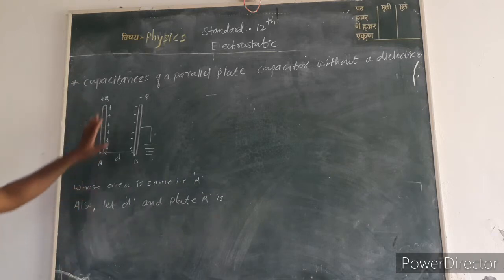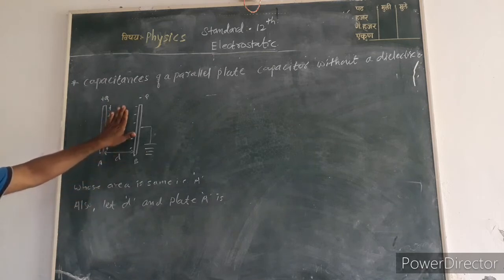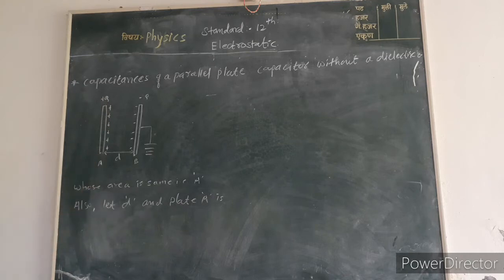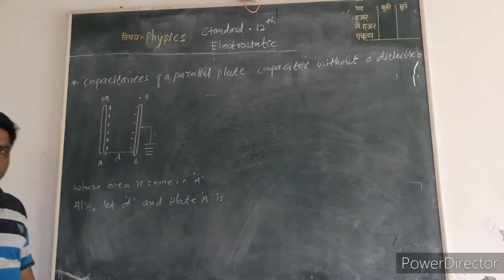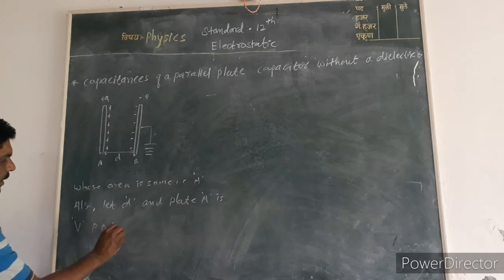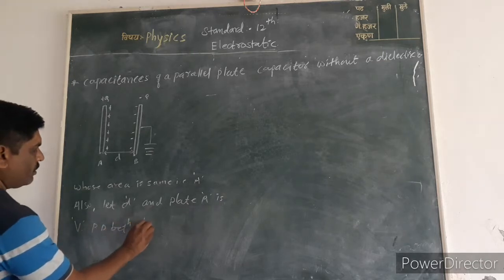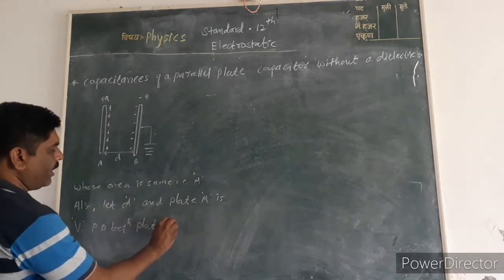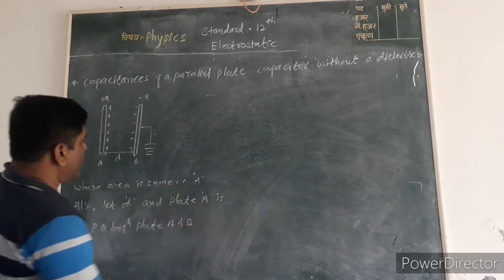We assume that plate A is insulated. There is no dielectric medium between them, but plate A is an insulated plate and B is connected to ground. And V is the potential difference between plate A and plate B.